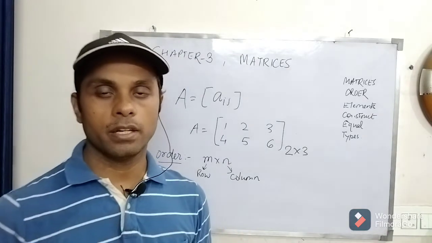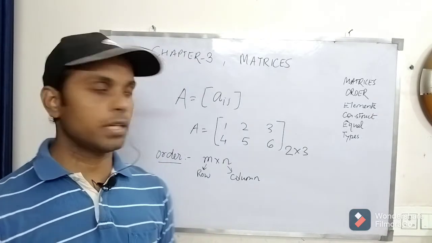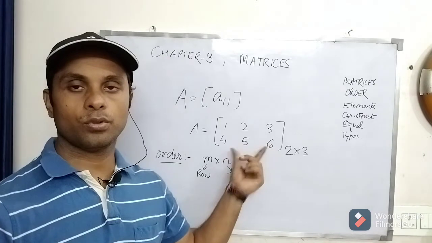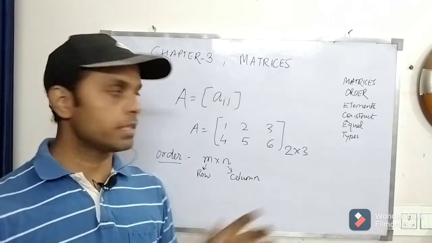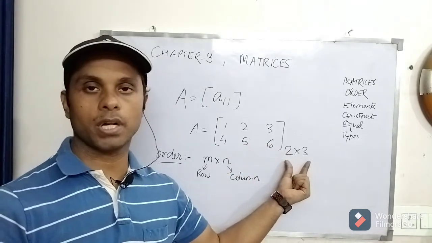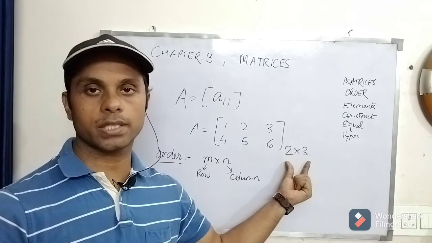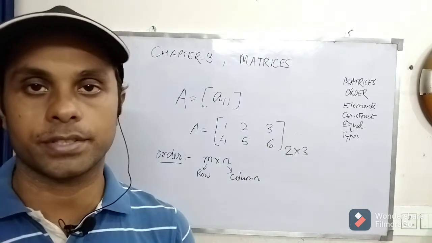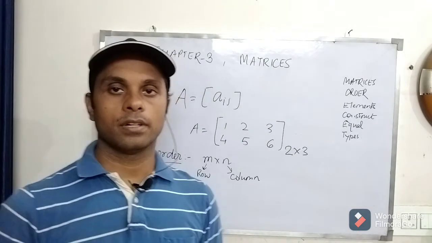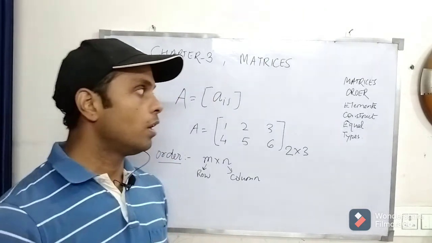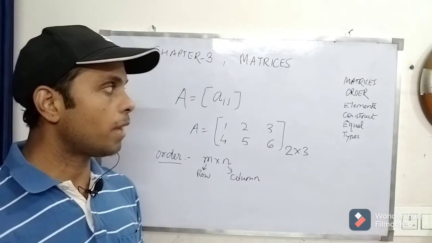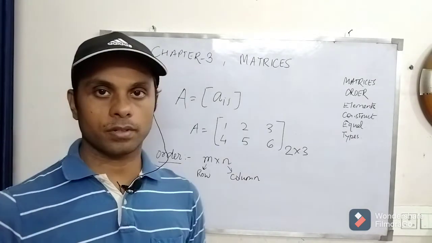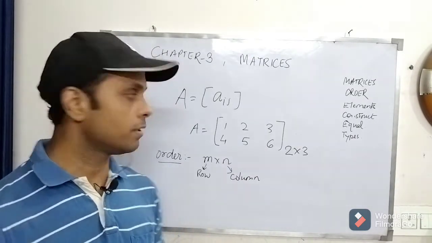So we can say there are 6 entries in this matrix. Total number of elements is product of the number of rows and number of columns. 2 3s are 6, so there are 6 elements in this matrix. Okay friends? Okay.